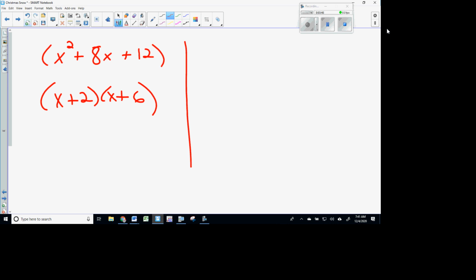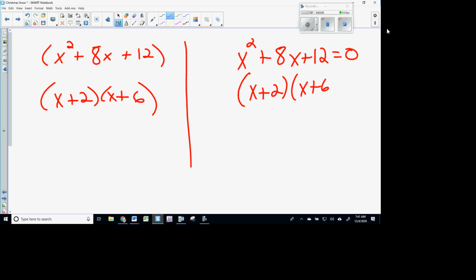We've looked at factoring, right? This is the last chapter, for those of you who still got to take the test. Then we also looked at, in the last chapter, when we put an equal sign there. We did the exact same thing, but when there's an equal sign there, that would mean x plus 2 is 0, x plus 6 is 0, and so from x plus 2 you would get negative 2, and from x plus 6 you would get negative 6.